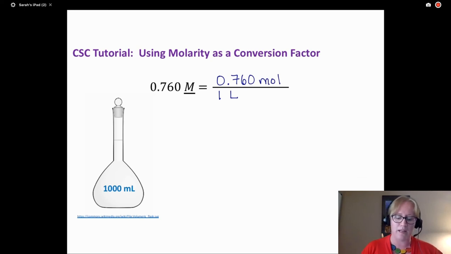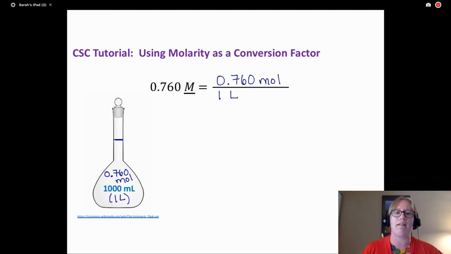So looking at a concrete example here, if this was a 1,000 milliliter, which is equivalent to 1 liter flask, and it was filled to the line with solution, in that 1 liter of solution, there would be 0.760 moles of whatever the solute is.